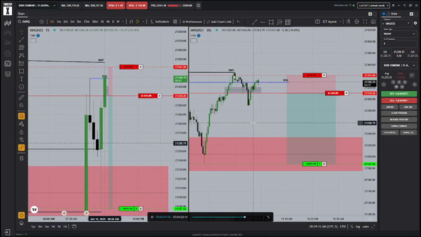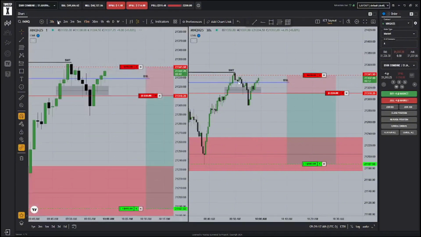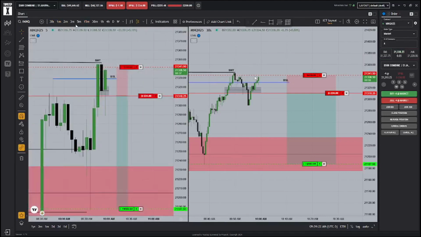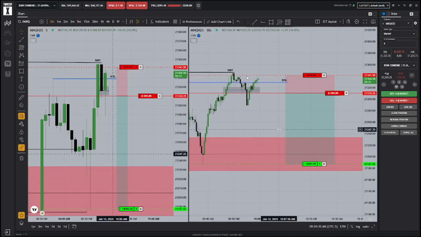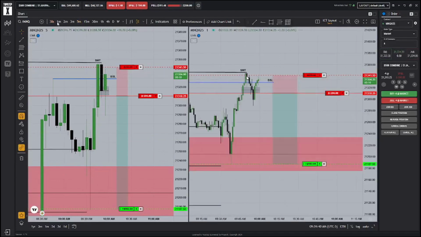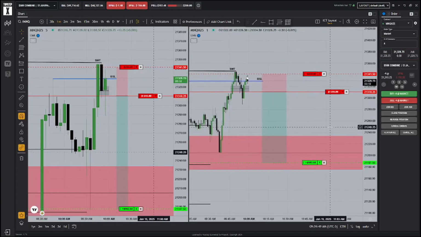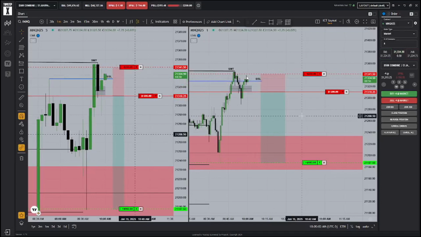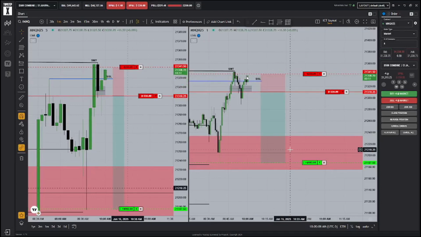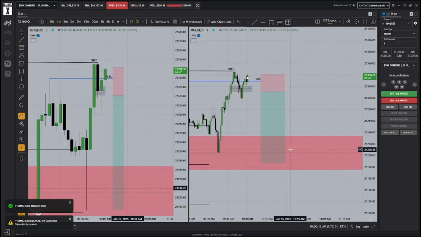Soon enough we'll sweep this high, and this is where price gets so close to my stop, takes it away, and then we start to see a little bit of red. Price is giving me a little bit of faith here, I'm like, oh great, we just had a deep retracement. This is where we reversed right here, close down there, price comes all the way back up, stops us out.